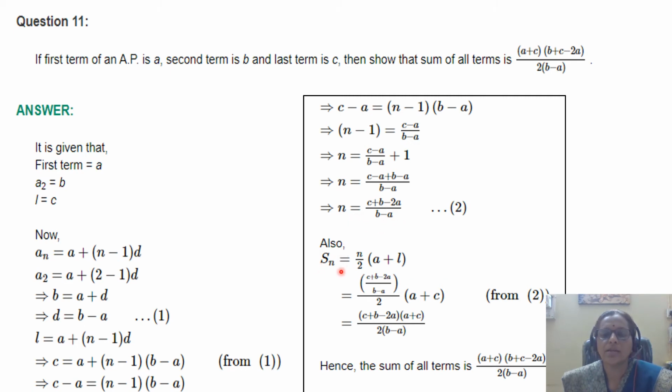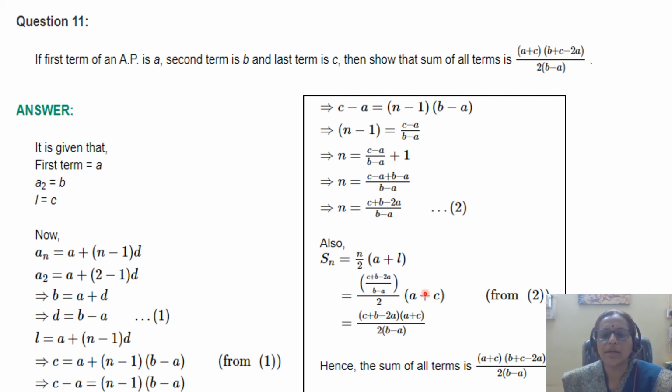And Sn is equal to n by 2 into (a plus L), first term plus last term. The value of n we have calculated: n is (c plus b minus 2a) upon (b minus a), whole divided by 2, into (a plus L). The first term is a only, plus the last term c. So what is the required answer?